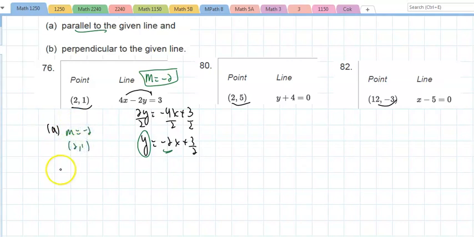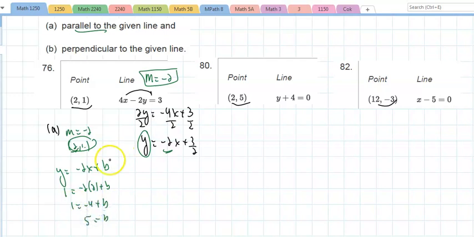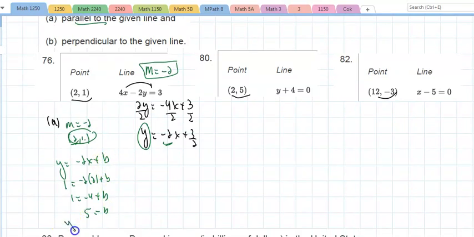I could say y equals mx plus b, that's part A. Well, I just need to find b, that's where this comes in. y equals 1 when x equals 2. b equals 5. So this equation becomes y equals negative 2x plus 5. Part A is done. Part B, it's the same idea.